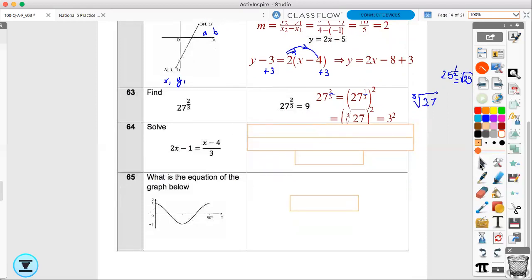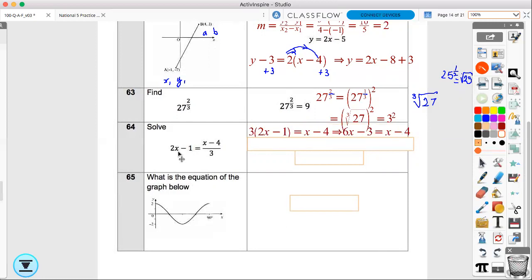So for this one, I've got to solve an equation. They've asked me to find x. The first thing you do, whenever you get a fraction like this with an expression above it, is get rid of the fraction. To get rid of a divide by 3, we do the opposite on both sides, which is multiplying by 3.